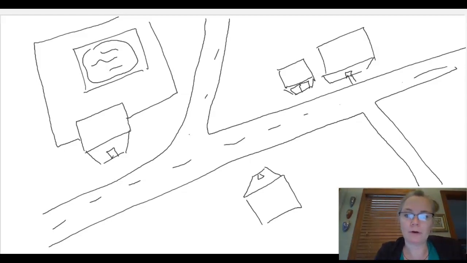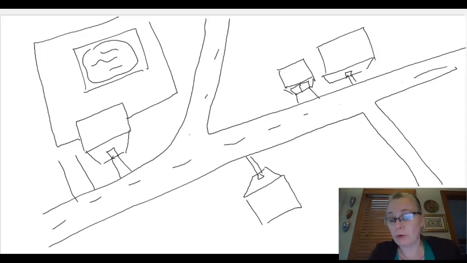And of course, walkways and driveways and things like that. Okay. So there's another way to think about if you're in a neighborhood, that bird's eye view is going to look different. So let's clear that one.